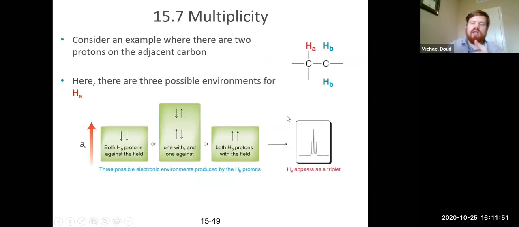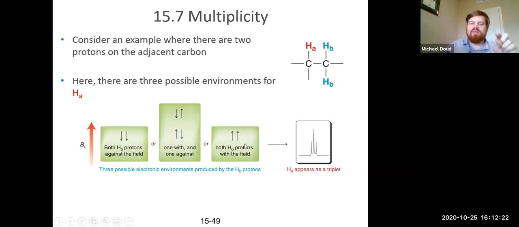Now it gets more complicated. What if there's a methylene group next to HA? Now, not only do you have your HB that we talked about before, but you have another HB there as well. So if HA is up, HB could be up, up, or down, down, or up, down, or down, up. These are the possible environments, and check it out. If both protons are aligned against the field, that's one environment.